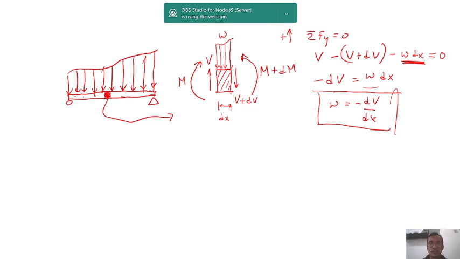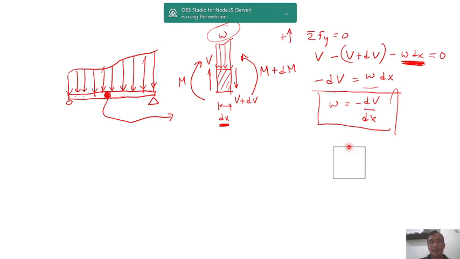Sorry, I'm supposed to speak in English. W dx here appears because of the force due to the external distributed force W, it will be W multiplied by dx. That's it. Because the element is small, when the length is only dx, it means the element is very small.